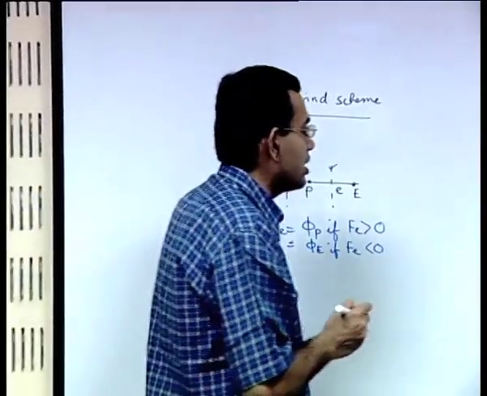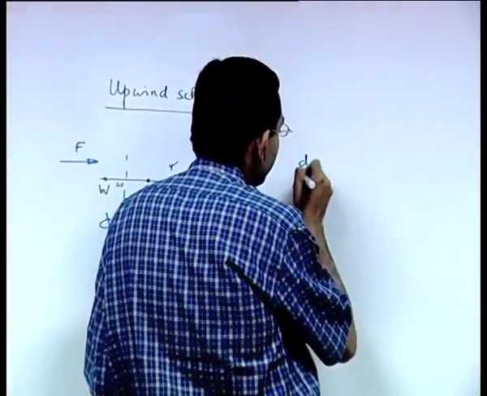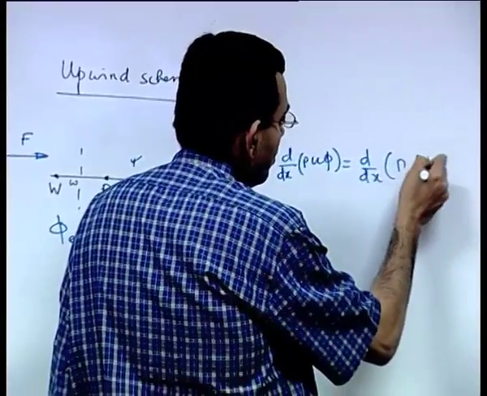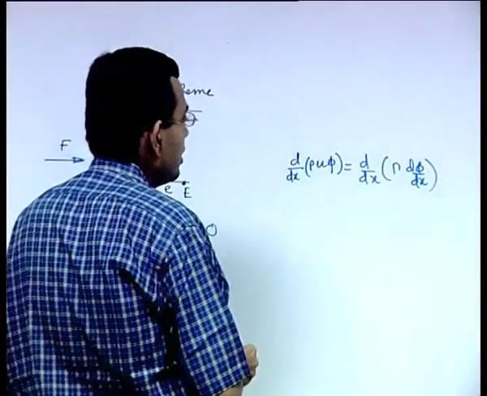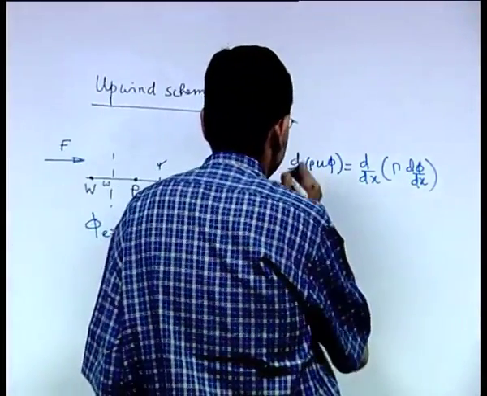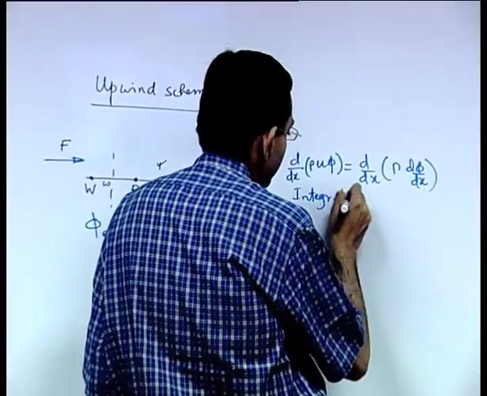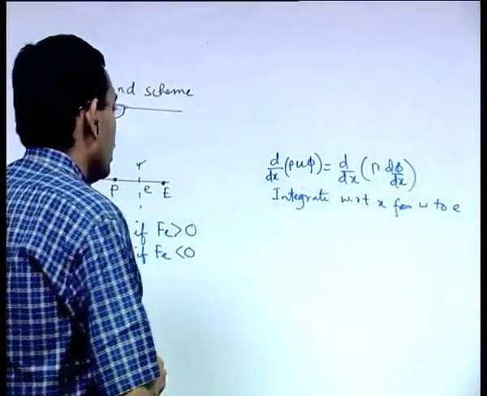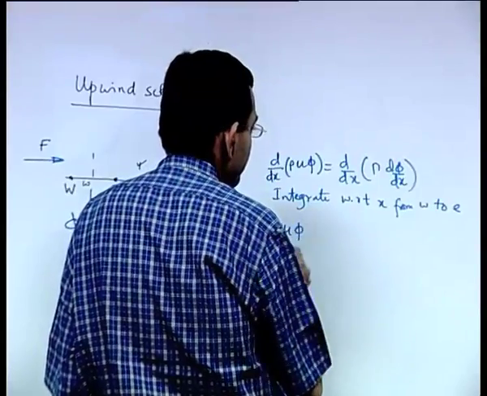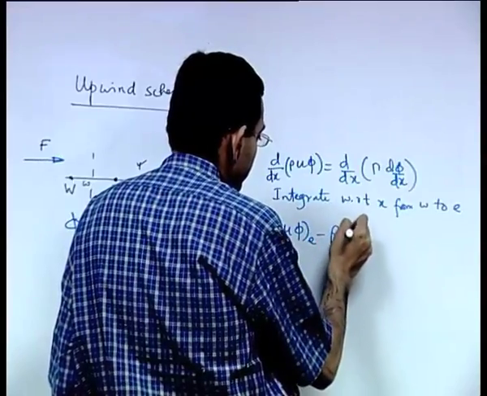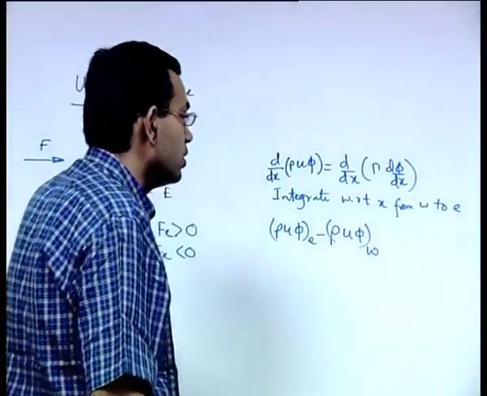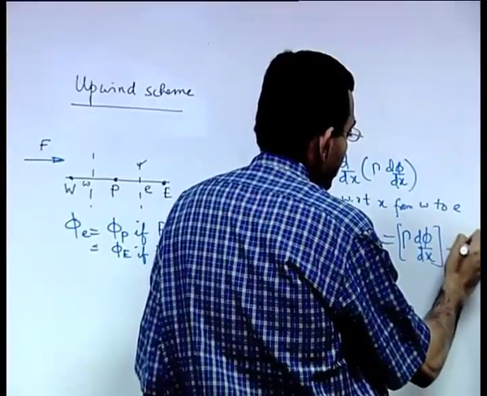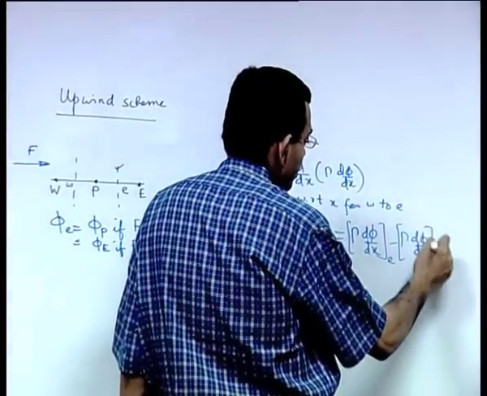Remember that if we discretize the governing equation, d dx of rho u phi is equal to d dx of gamma d phi dx, that means if we integrate it with respect to x from small w to small e, then it becomes rho u phi at e minus rho u phi at w is equal to gamma d phi dx at e minus gamma d phi dx at w.